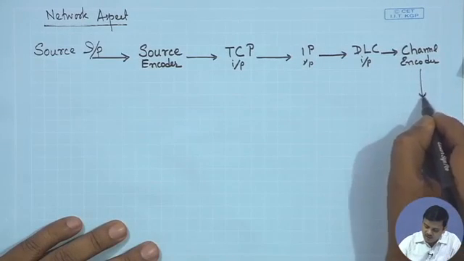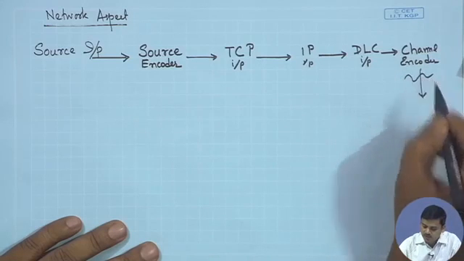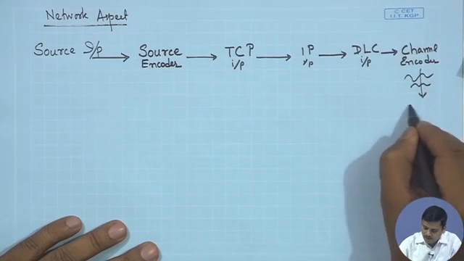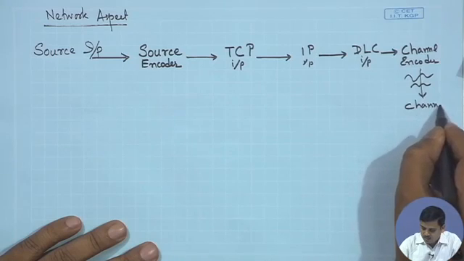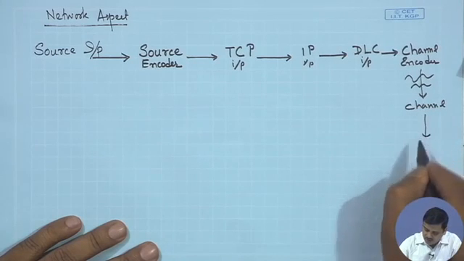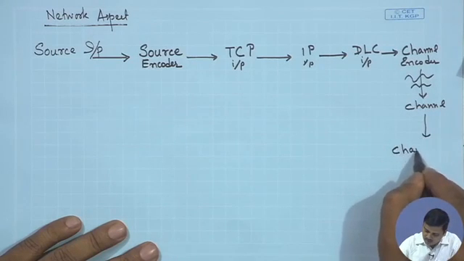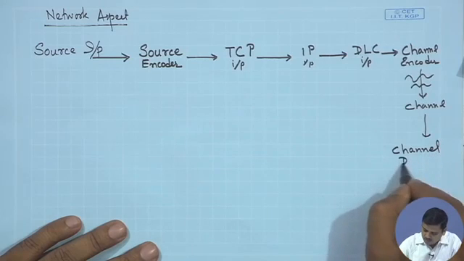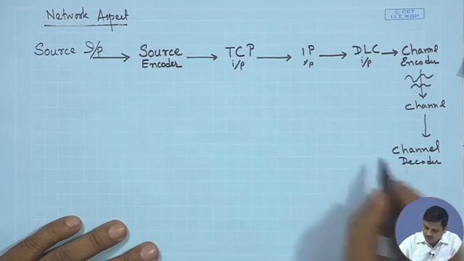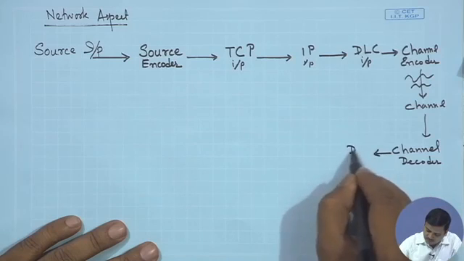From the channel encoder, which generates waveforms, it goes to the channel, and the reverse procedure, we will see some of the components.